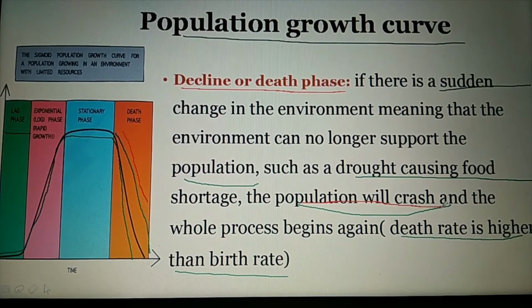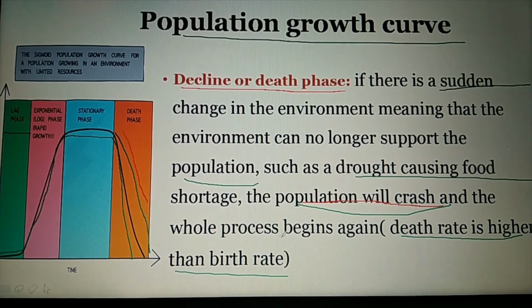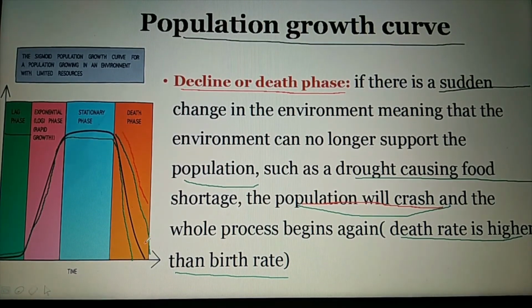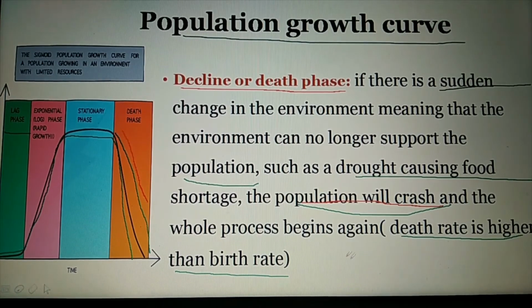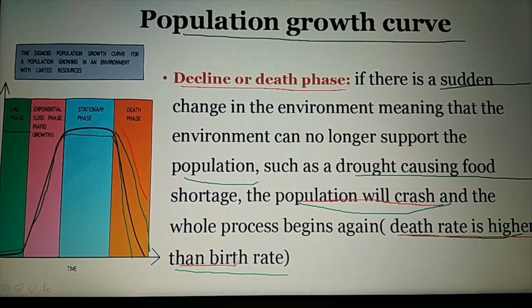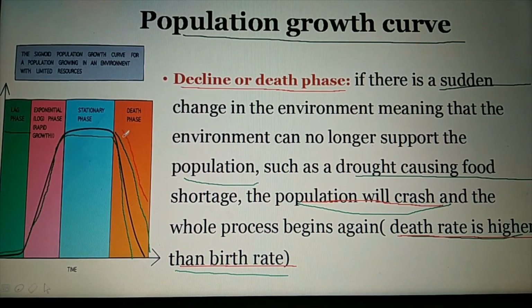That means it goes down, and the whole process will then begin again. You see, it's going back to where it started from. All right, so in this phase, the death rate is higher than the birth rate. That's why we have a decline.